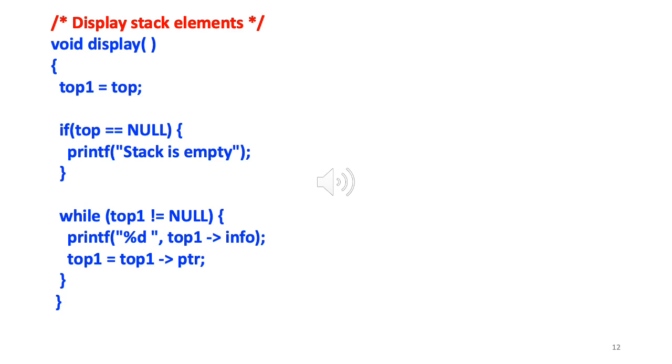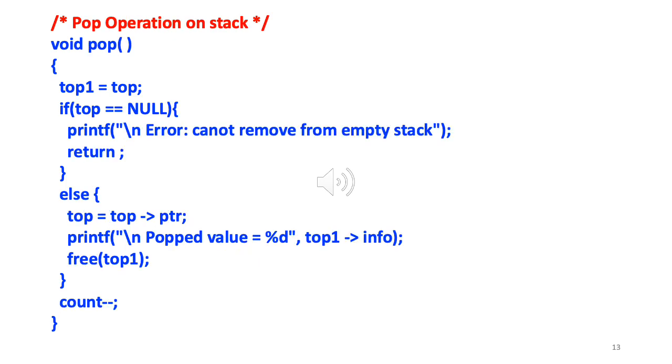This is very similar to displaying all the nodes in a linked list. Once again, we're using top one because we don't really want to move the top around. So that's the code for display.